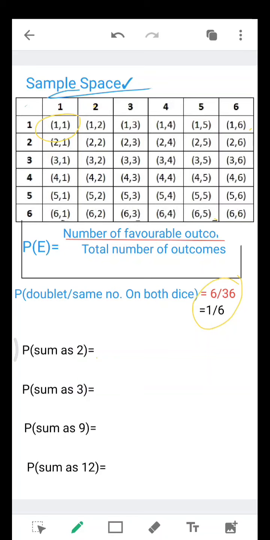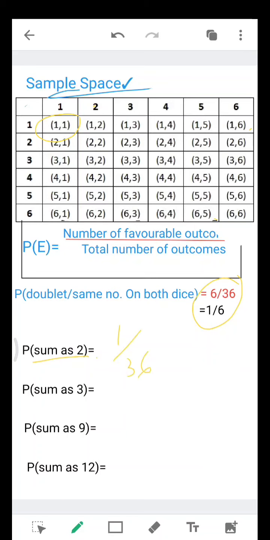If you add the outcome of the first die and the outcome of the second die, you must get 2, the sum as 2. So I can say that only 1 comma 1 can give you the sum as 2, because all others are more than 2. So the probability of getting the sum as 2 is 1 out of 36.